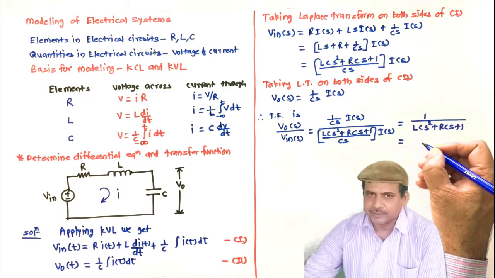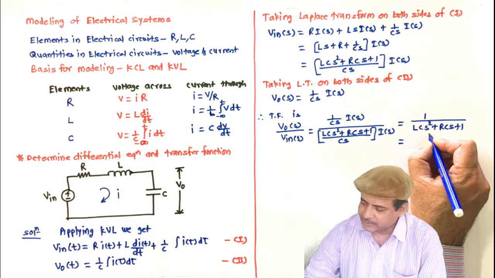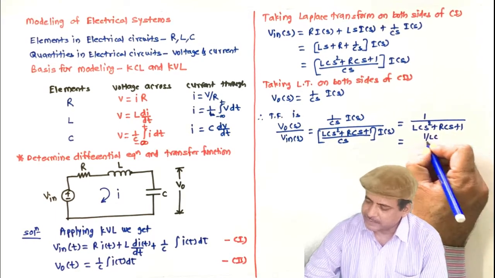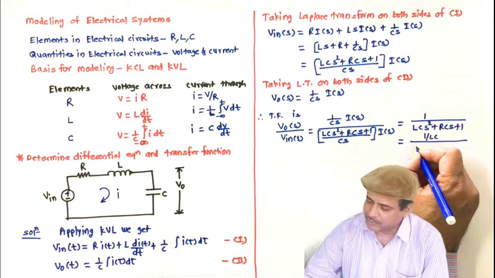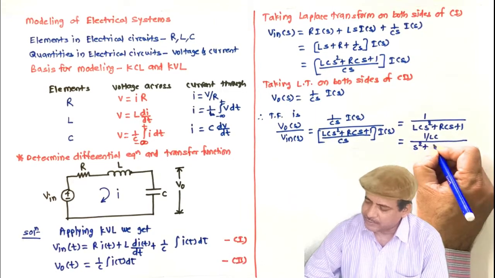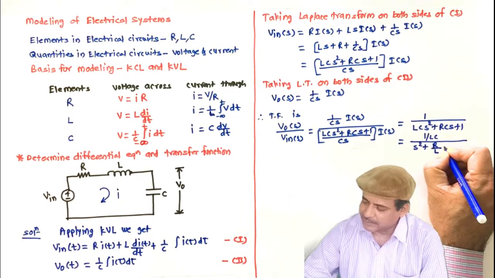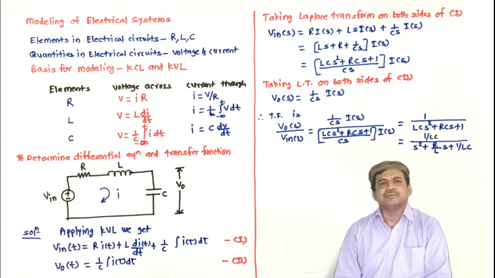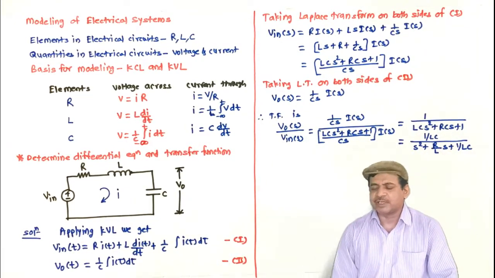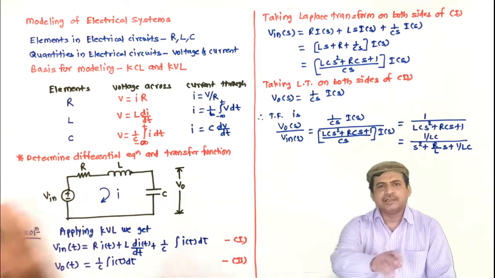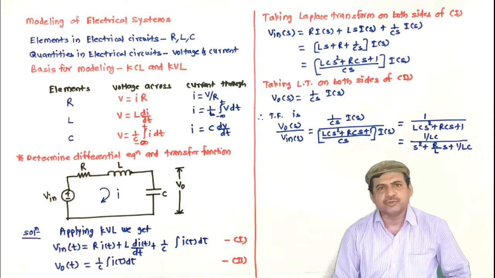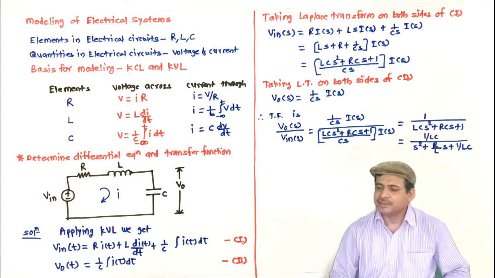So dividing by LC, what I get is 1 by LC upon s square plus R by L s plus 1 by LC. So this is the transfer function. And now if you take the inverse Laplace transform of this, you will get the time domain response of the system for various inputs. This is very clear.